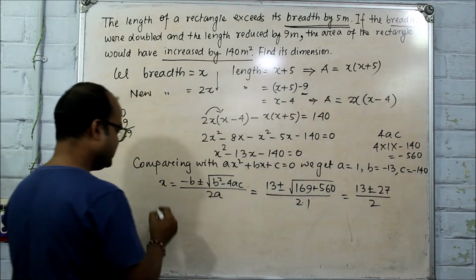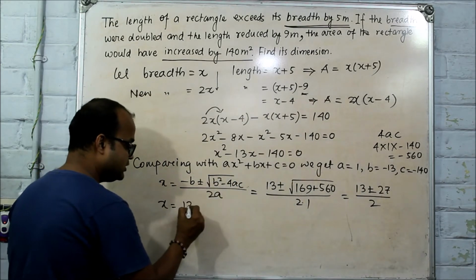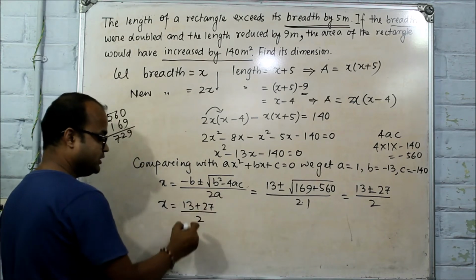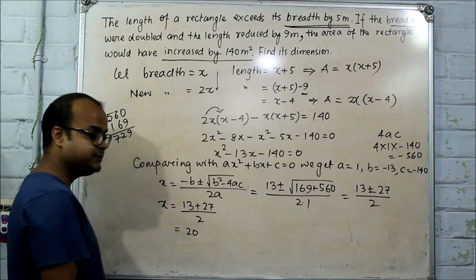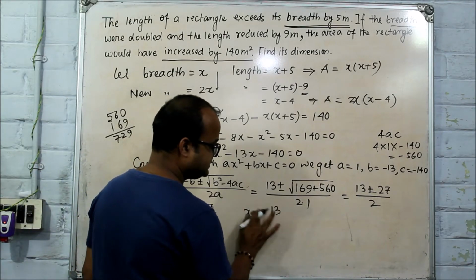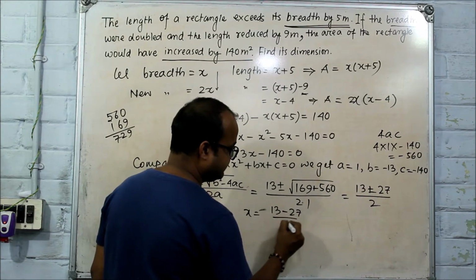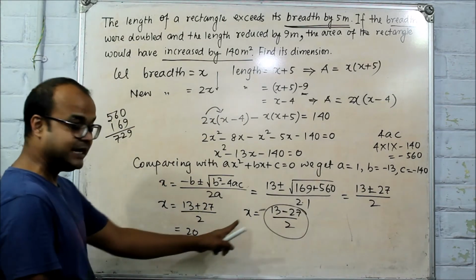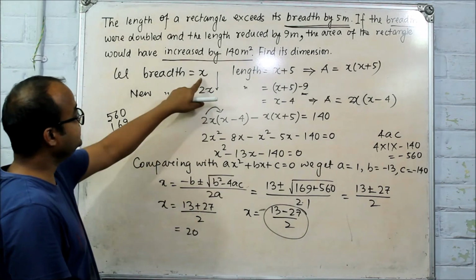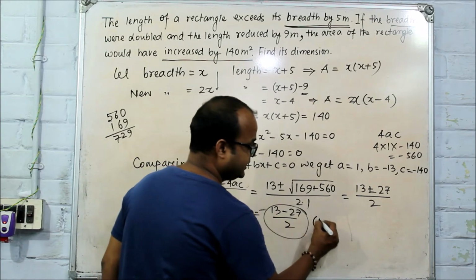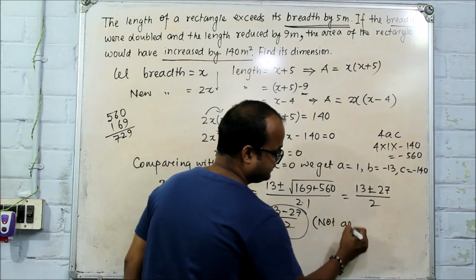So we will get two values of x. One value is 13 plus 27 by 2, that is 40 by 2, that is 20 meter. And the second value is 13 minus 27 by 2. This will come as a negative number. We are considering the breadth, and the breadth should not be negative, so here we write not applicable.